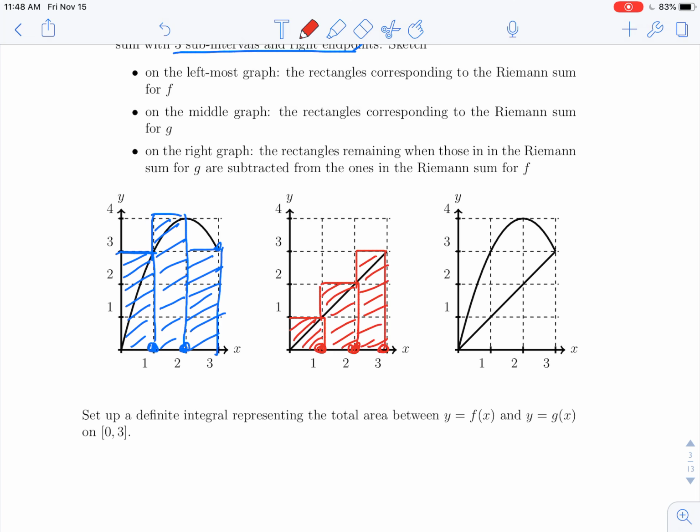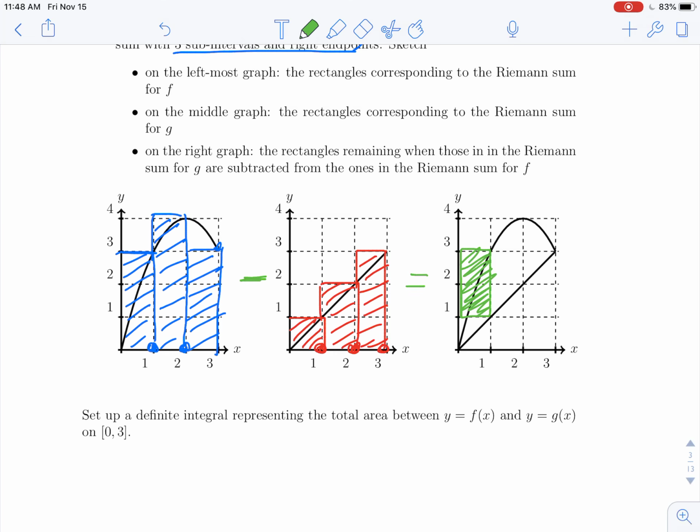And on the right graph, the rectangles remaining when those in the Riemann sum for g are subtracted from the ones in the Riemann sum for f. So the question is, what's left? Well, from 0 to 1, I have this much area left when I subtract blue minus red.